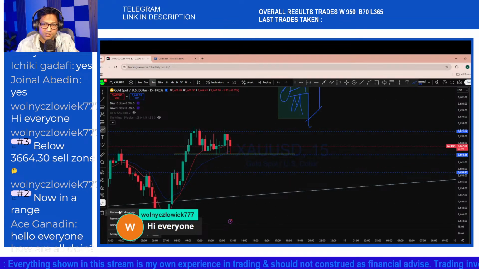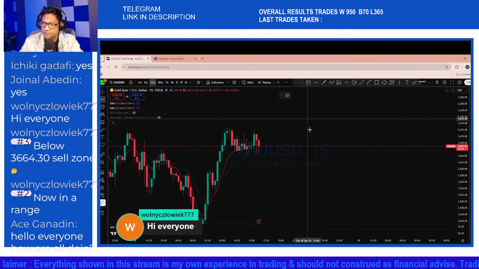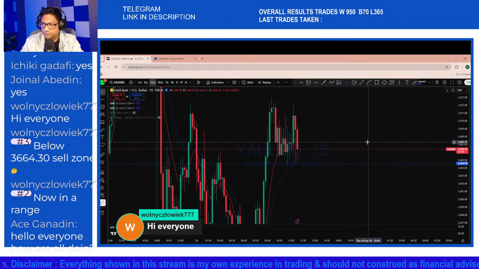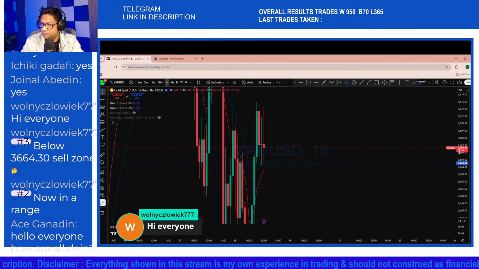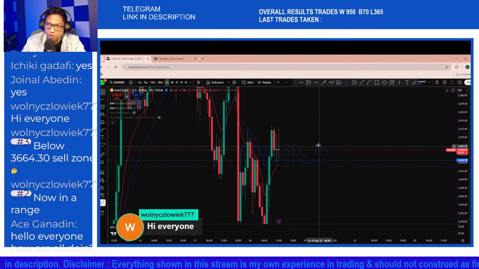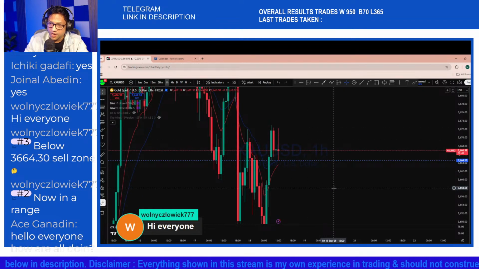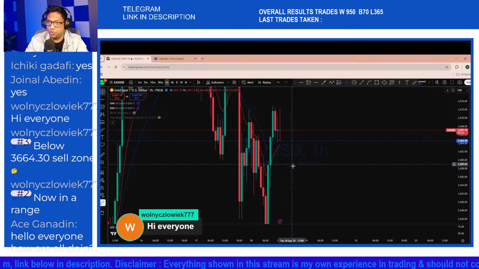So I'm deleting the lines to look at the chart fresh. If this 1 hour doji candle closes as a red bear candle, we may see the market drop.